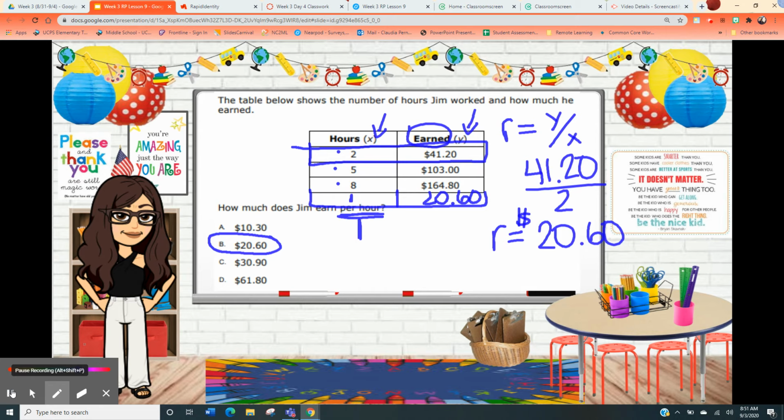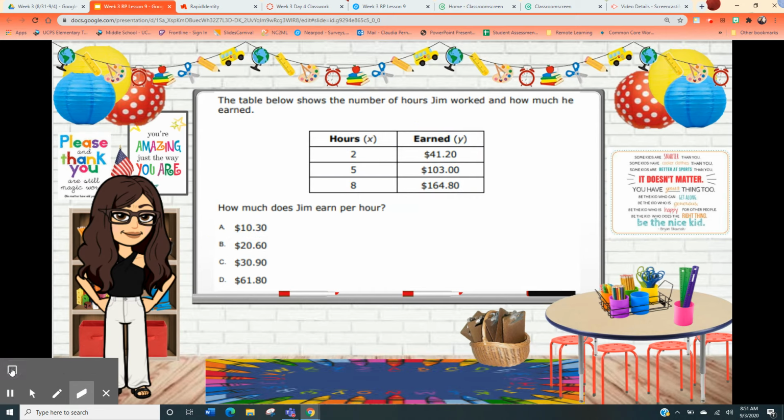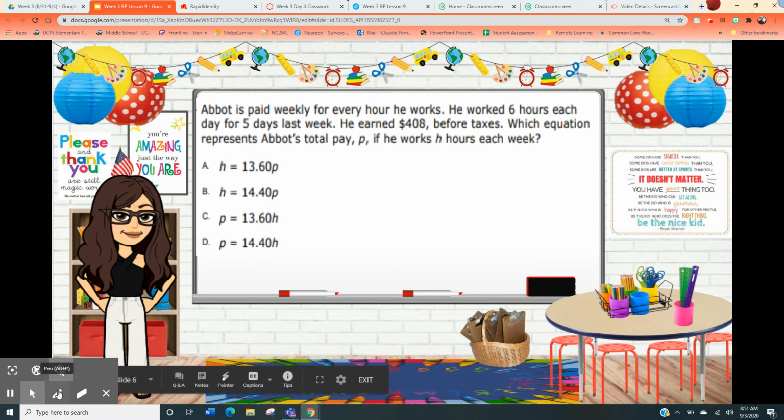Okay, so let's go ahead and try a second problem together. Problem number 2. It says Abbott is paid weekly for every hour he works.